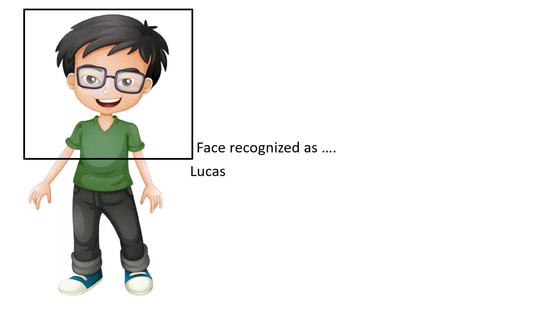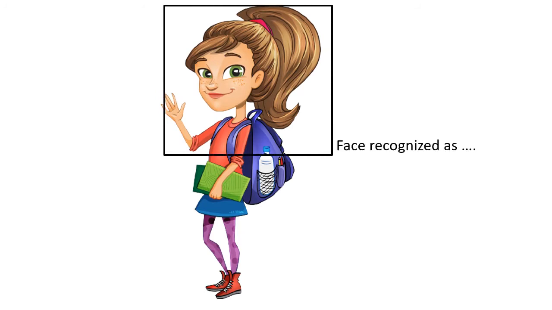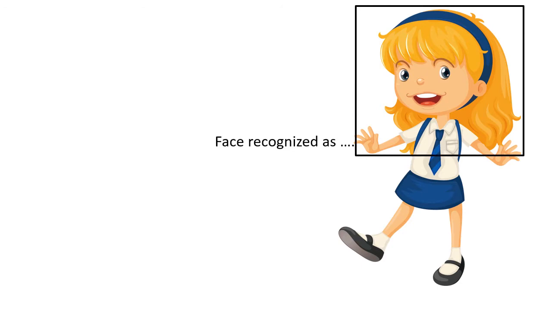Now let me tell you the algorithm we chose for this program. So we basically went for Haar Cascade. Let me quickly tell you what Haar Cascade means. It is an object detection algorithm used to identify faces in an image or a real-time video. The algorithm uses the edge or line detection features.